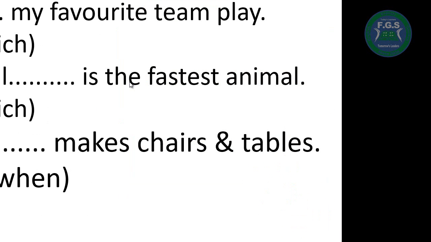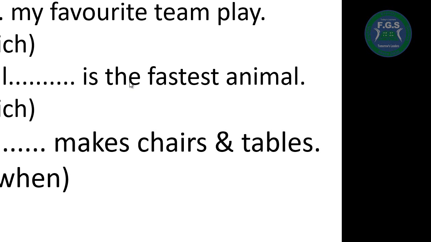So now, are you ready to do this exercise with me? Okay, let's go. Number 1. October is the month, who, where, when, which, I was born. Great. When I was born. Number 2. That is the stadium, where, who, when, which my favorite team plays.